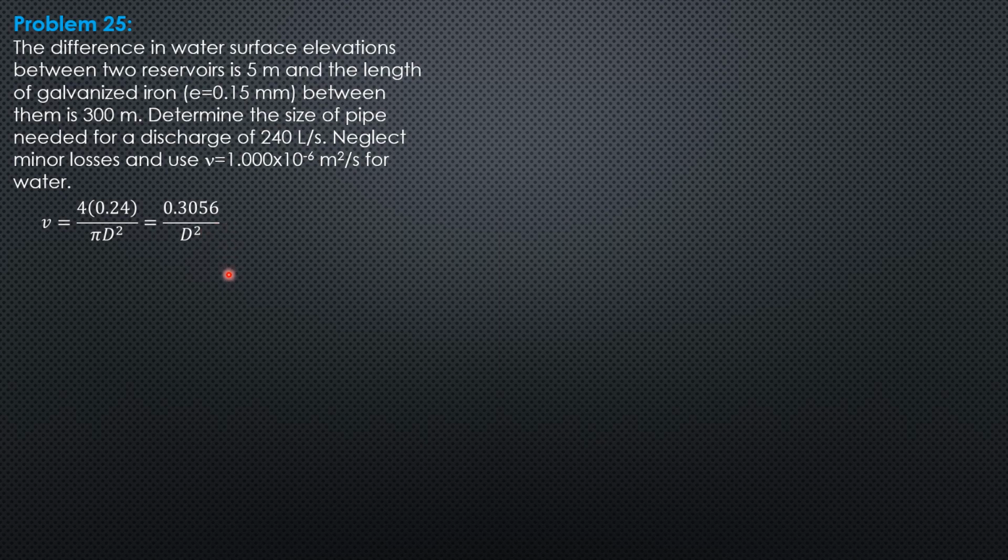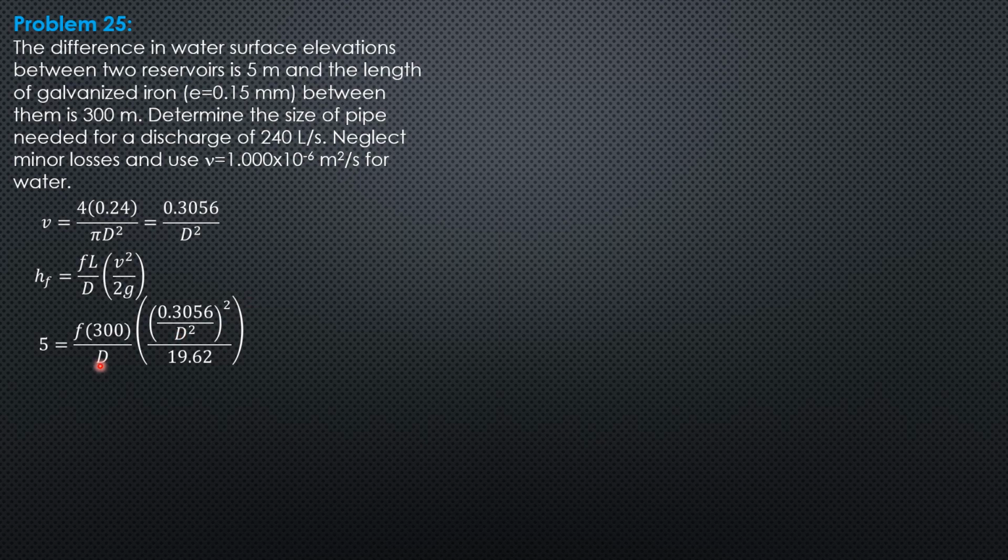Then the Reynolds number is velocity times diameter over viscosity. Head loss is f L over d, velocity head. So 5 equals friction factor times length 300 over diameter d, times 0.3056 over d square, the quantity squared, over 2g, 19.62. So again, let's set up f over diameter to the fifth.